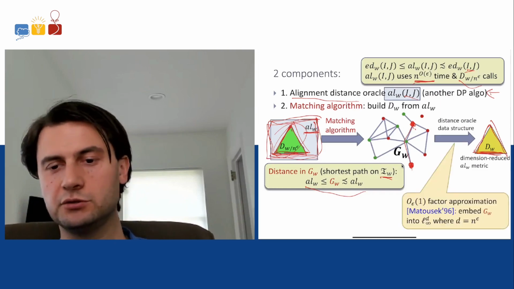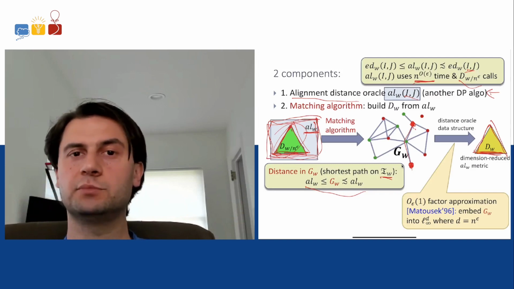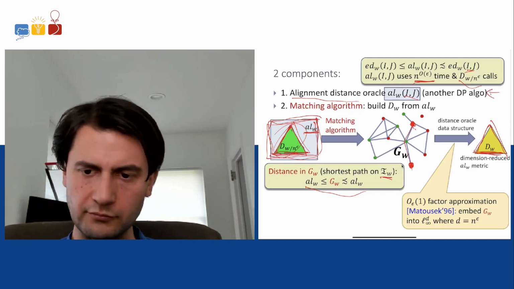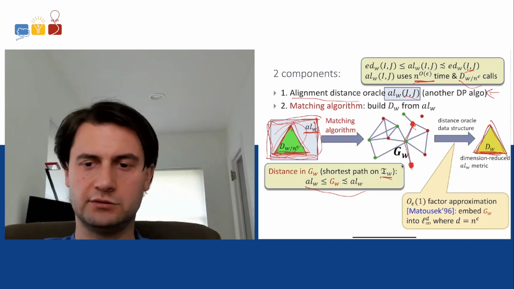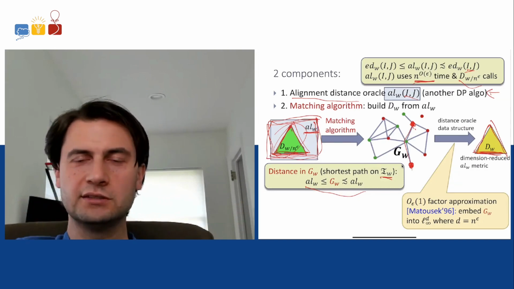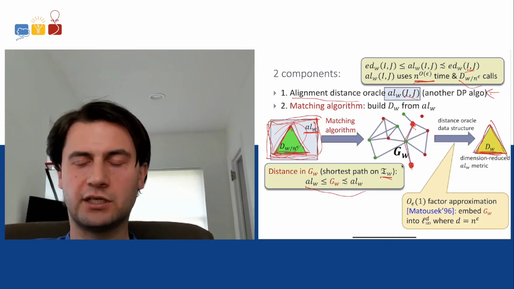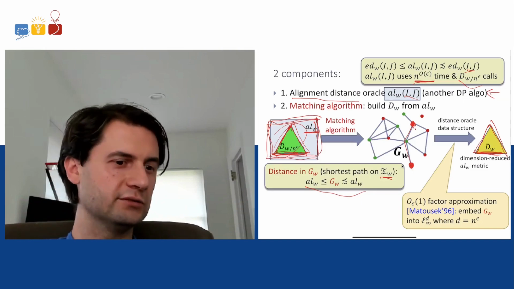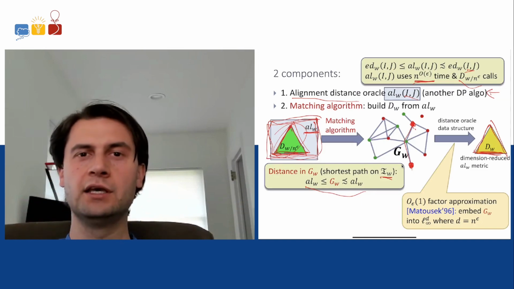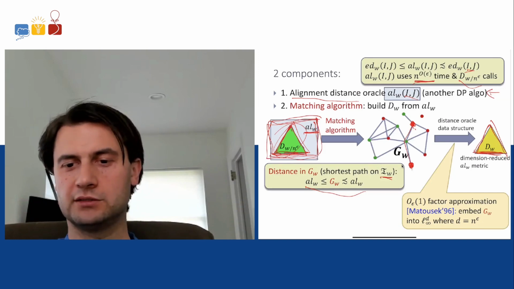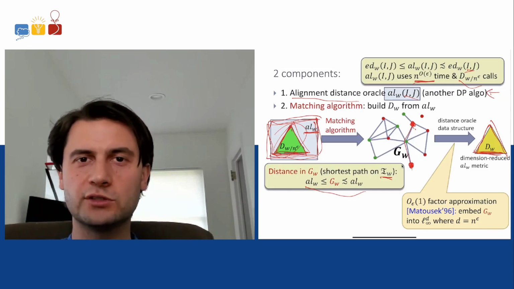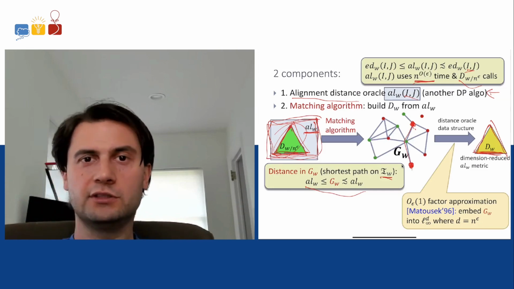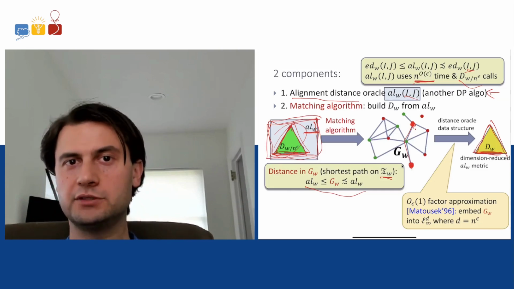In particular, here we're using the constant factor approximation of Matousek into L infinity. I won't go into detail, and it's not a very fancy result, but I wanted to highlight using statements from geometry, like we usually use for high-dimensional geometric algorithms.